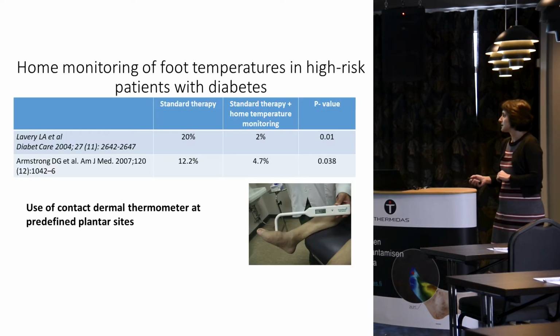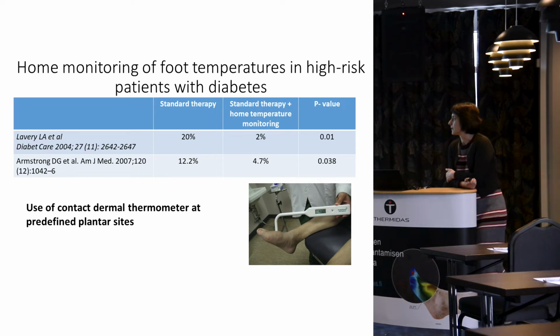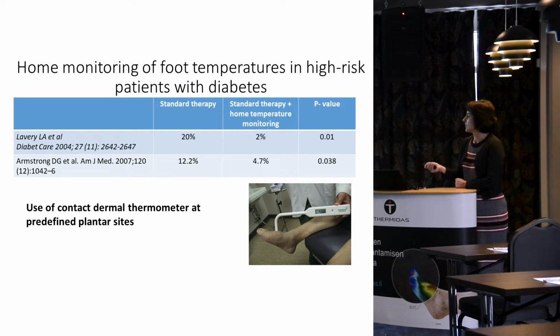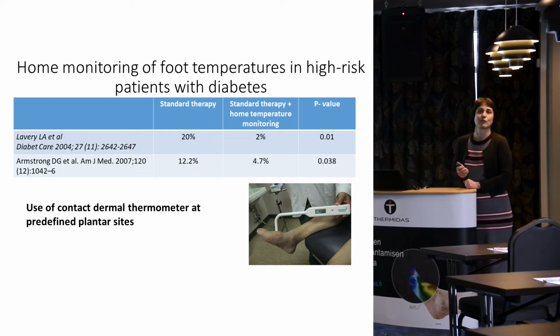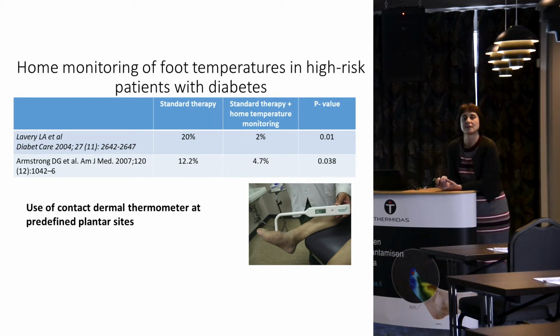For this, there is some early research done by Lavery and Armstrong in America, and these studies were carried out with a touch thermometer. I apologize, this picture is from the internet, and it shows the instrument measuring a Charcot foot, but actually they used this instrument, TempTouch, which is an infrared thermometer, and they used predefined areas where they asked people to monitor temperatures at home.